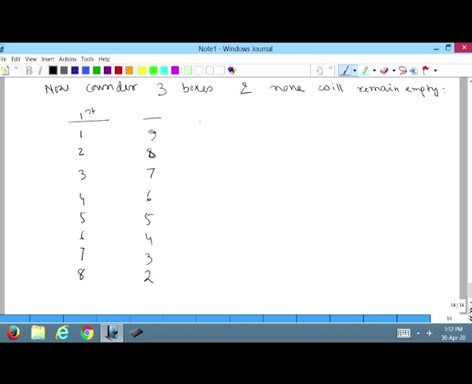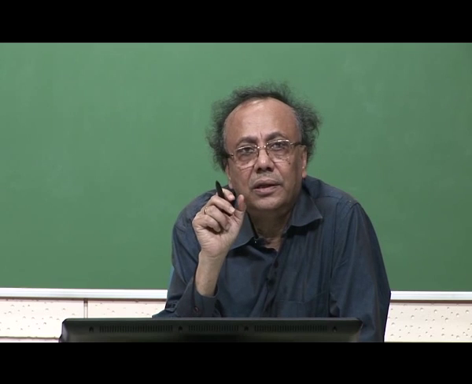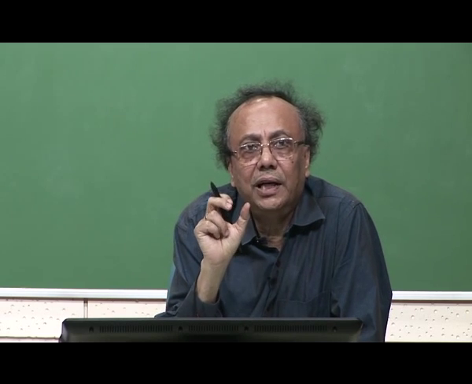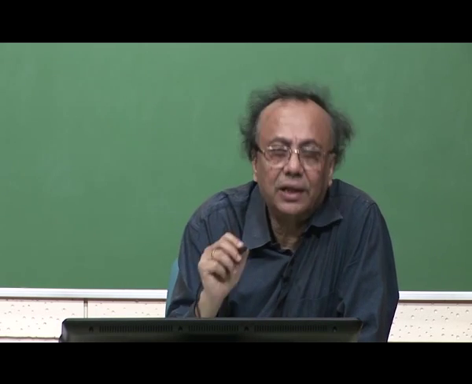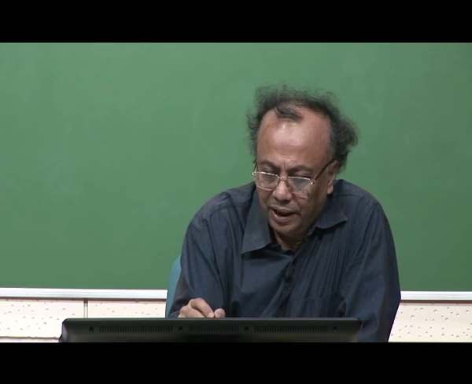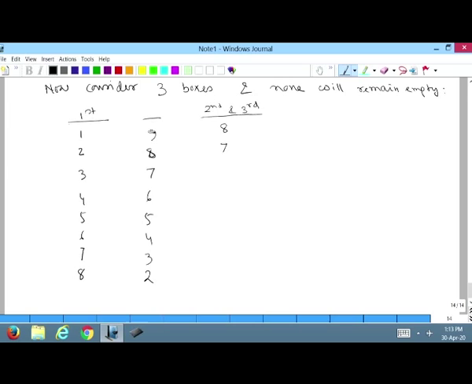These can be put in two boxes, second and third, in how many ways? It is very easy to calculate that, because when there are 10 balls, we found that we can put them in two boxes in 9 ways. Therefore, when there are 9 balls, we can put them in 8 ways. When there are 8, we can put them in 7 ways, and when there are 2, we can put them in only one way, that is, one in the second box and one in the third box.